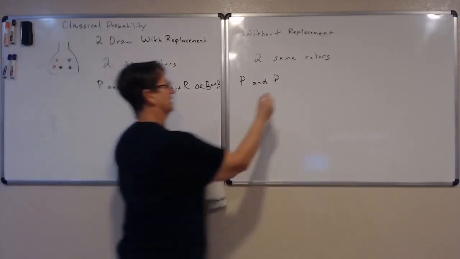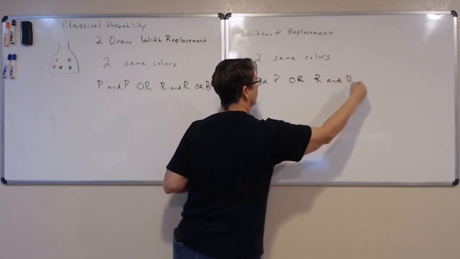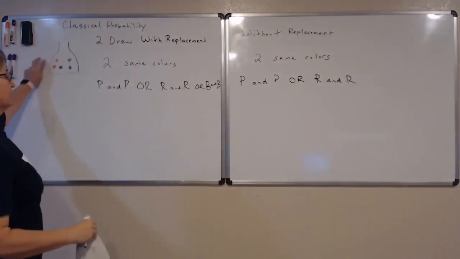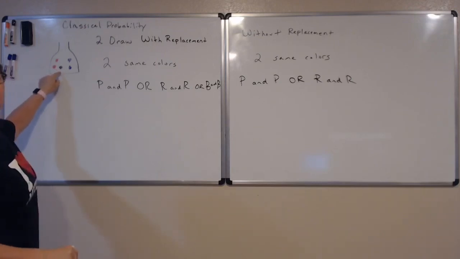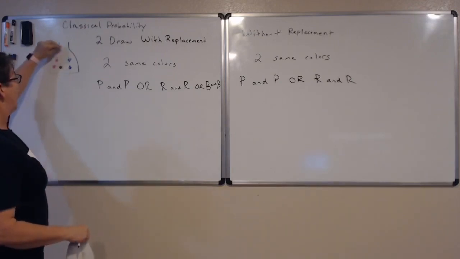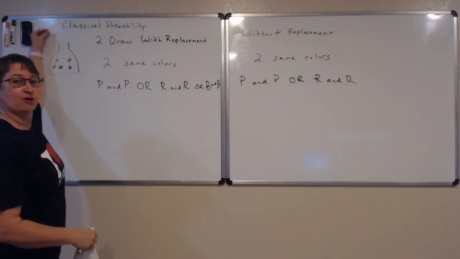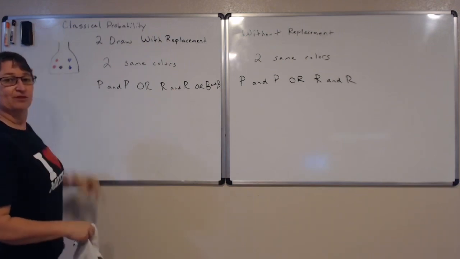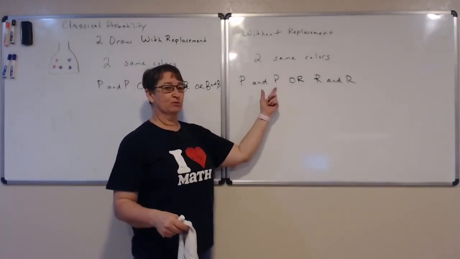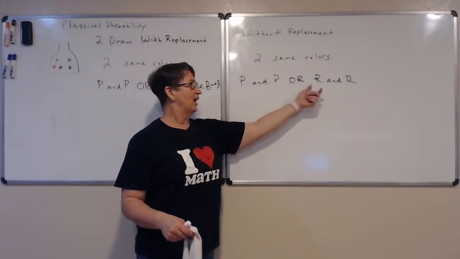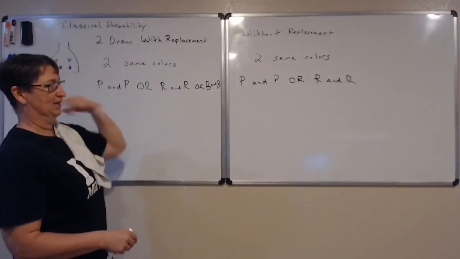I can still get a red and a red, because I take out both of these reds. But think about the black for a minute. If I take out the black, can I on the second draw get another black? So yeah, that's all I can get, exactly, is purple and purple or red and red. That's it. I can't get the black and the black.